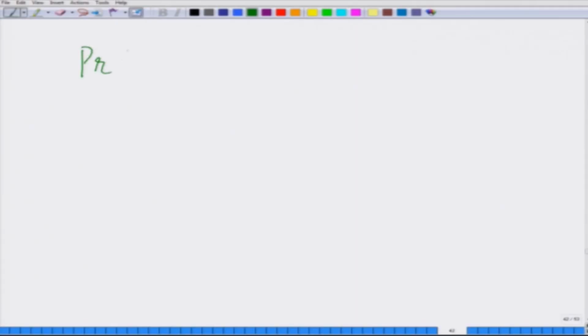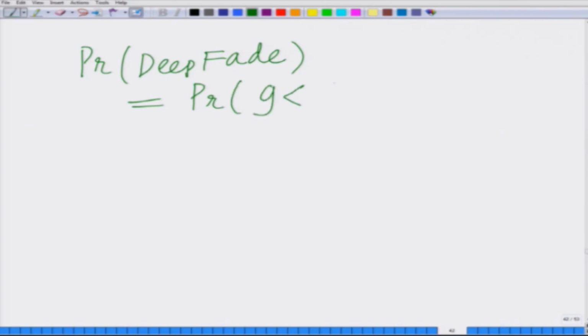So, now the probability of deep fade is simply the probability that this gain G is less than 1 over SNR.